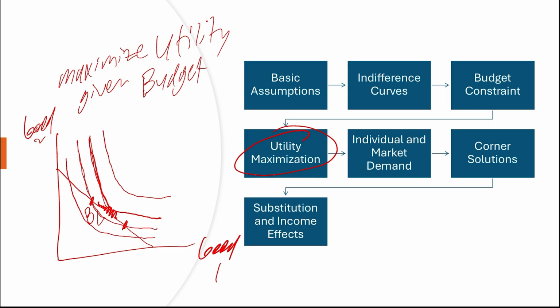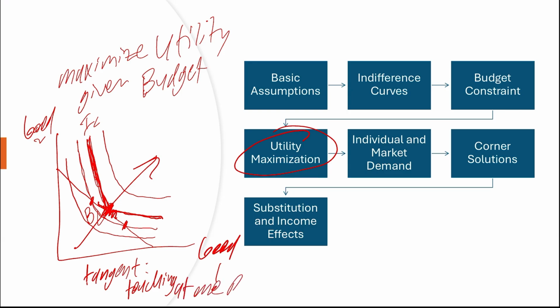So for example, if we look at this indifference curve here, we can see that we can get as far up and to the right as possible by going to this point where the indifference curve is only touching the budget line at one point. So this is what we mean by tangent. Tangent means touching at one point. So we want our budget line to be tangent to our indifference curve.